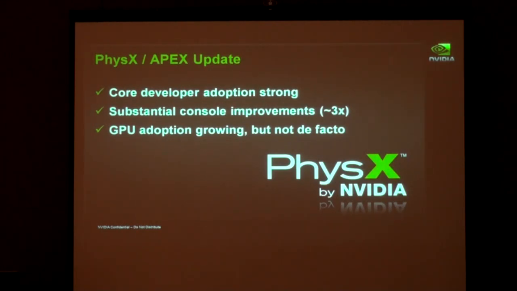But ironically, if you look at the profile of where physics is used in a typical game, the typical game does not have GPU accelerated physics. A substantial majority of our physics customers are not using GPU physics. So it's not de facto, it's not standard yet, and we'll see what we're going to be doing to make that happen.